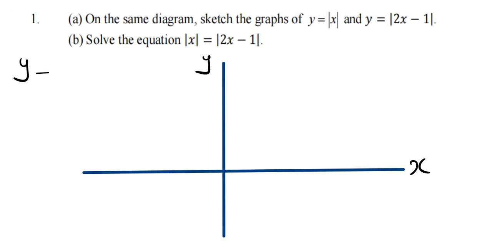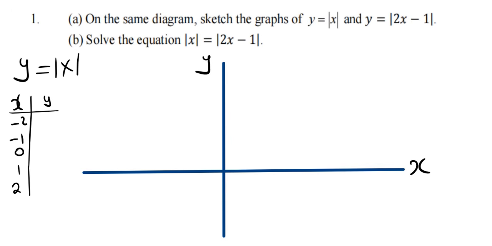So if we've got y equals the modulus of x, if we start replacing x values, putting them in the equation, let's say we start with -2, -1, 0, 1, and 2. In the modulus expression, all the answers coming out should always be positive. So the modulus of -2 is 2, the modulus of -1 is 1, then 0, 1, and 2.